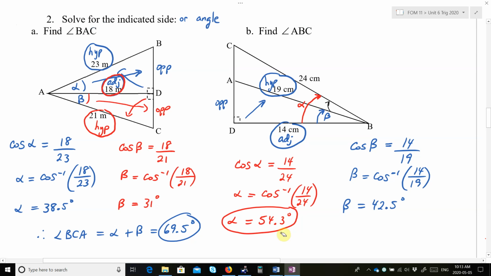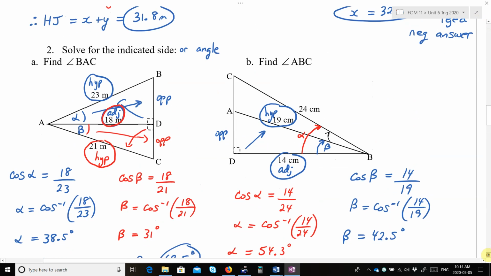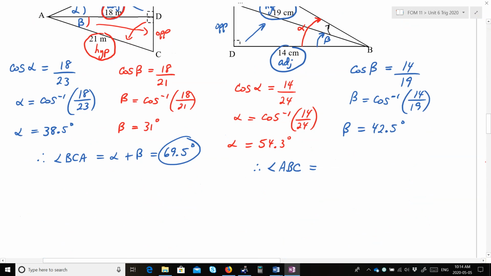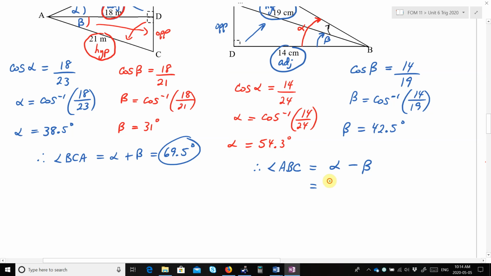And you know what, I'm just going to uncircle this one because that's not our final answer. So our final answer, we can say therefore angle ABC is equal to the whole big angle alpha minus beta. 54.3 minus 42.5, bang, 11.8 degrees.